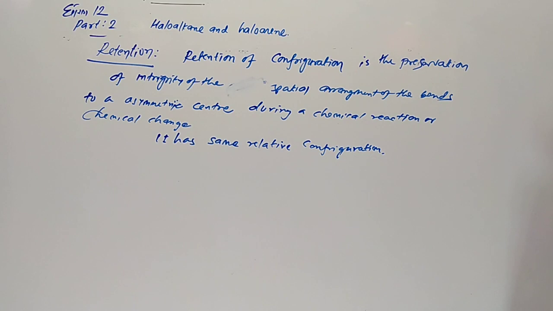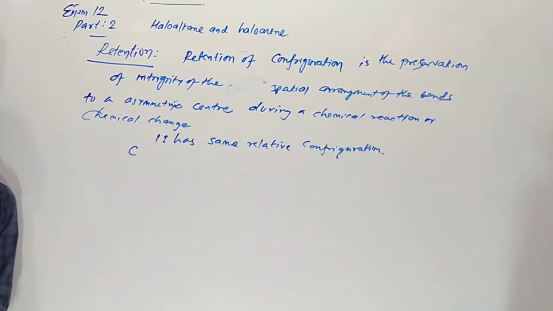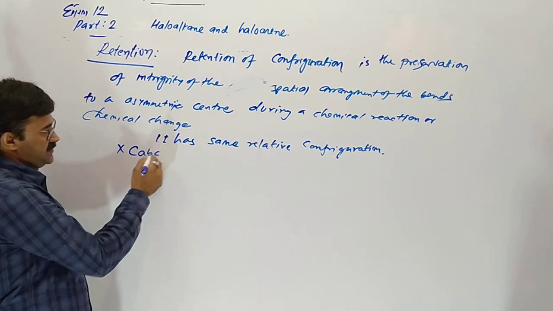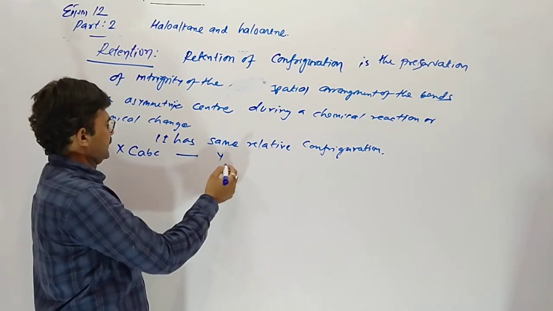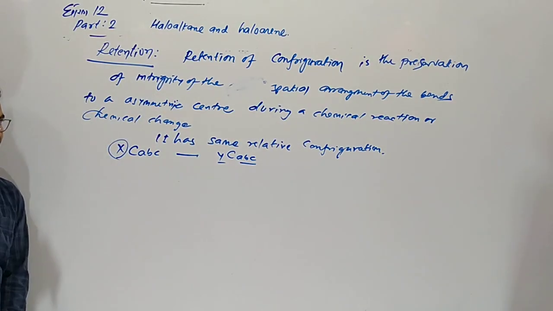How can we say? Suppose a carbon combines with X and A, B, C. Now it converts into Y, C, A, B, C. X is replaced by Y.